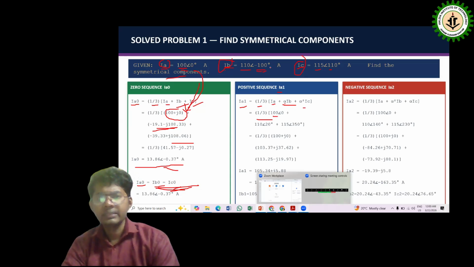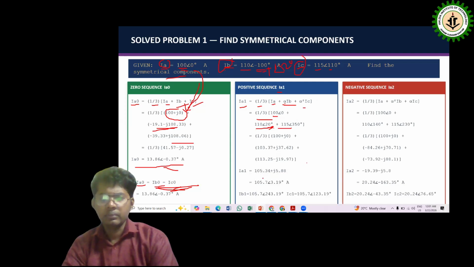So minus 100 plus 120 becomes plus 20 degree. That's why it is written like this. In the same way for IC. After solving this, IA1 equal to 105.7 at an angle 3.19 degree.